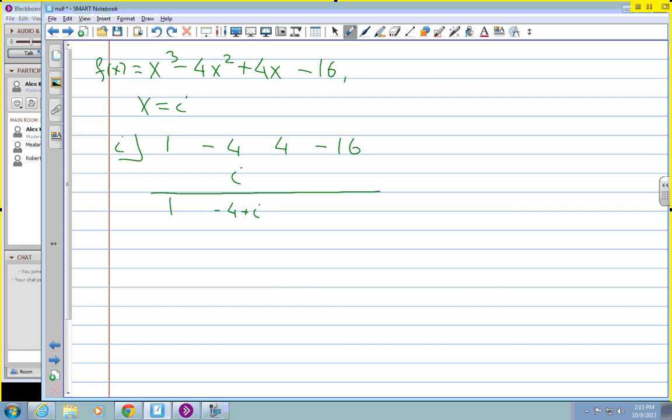Well, then we're going to multiply i by that. Let's do this on the side. That's a little tricky. So i times negative 4 plus i. So this is negative 4i plus i squared, right? If you multiply them. What is i squared? So we get negative 4i minus 1, or minus 1 minus 4i.